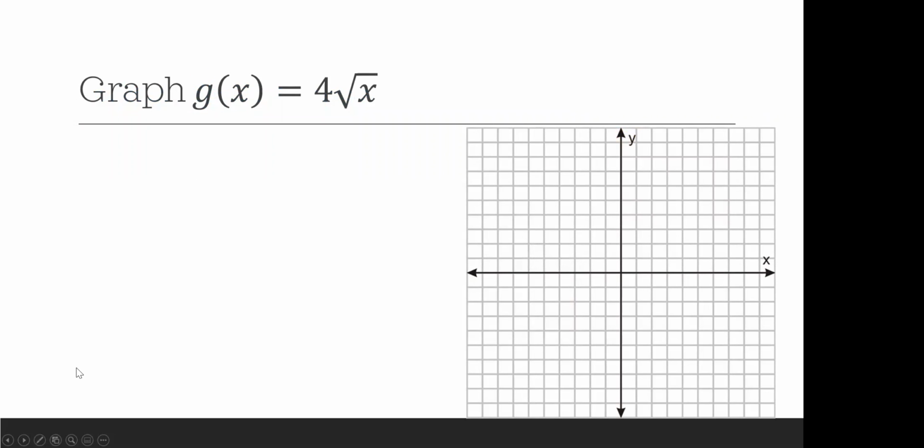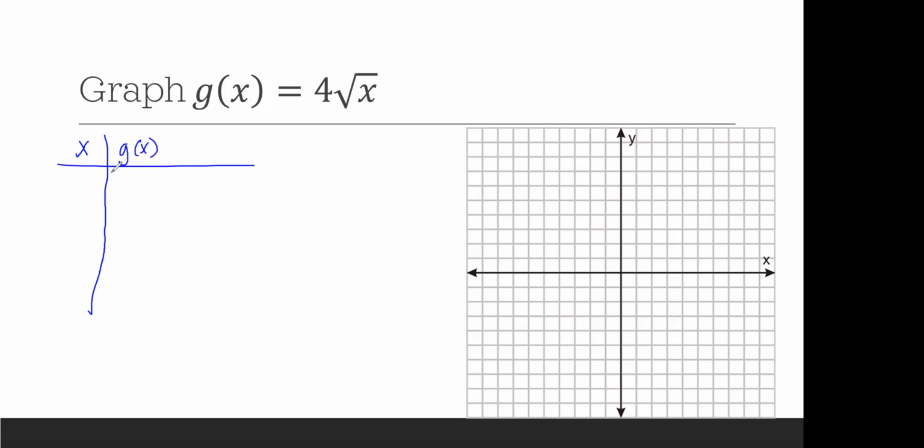So first here it says to graph g of x equals 4 times the square root of x. So what you want to do is make a table of values, okay? We're going to put in a value for x, and then solve for g of x.